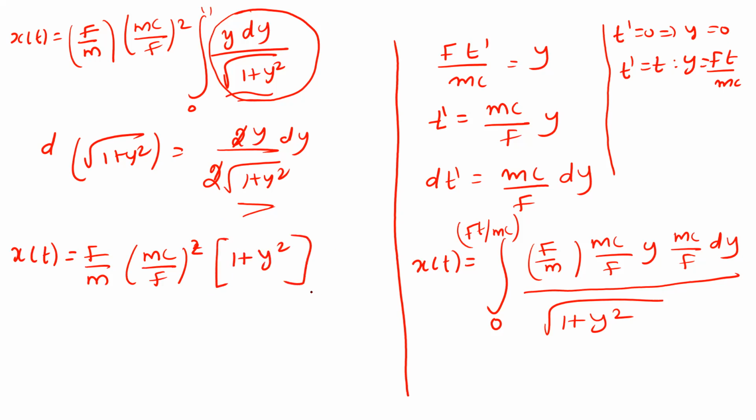Not only that, you have to apply the limit. There is a 0 here, and here you have got ft by mc. So that becomes this m. We can now cancel these terms, I think.